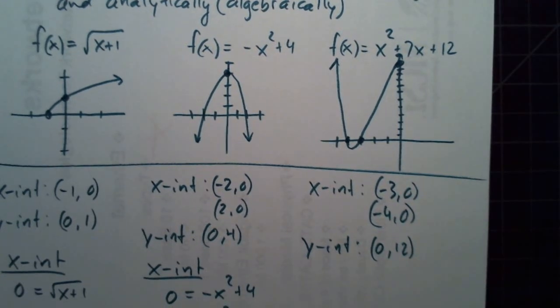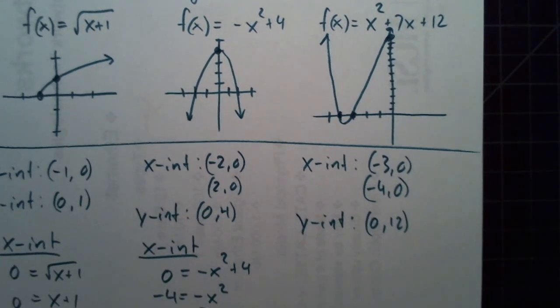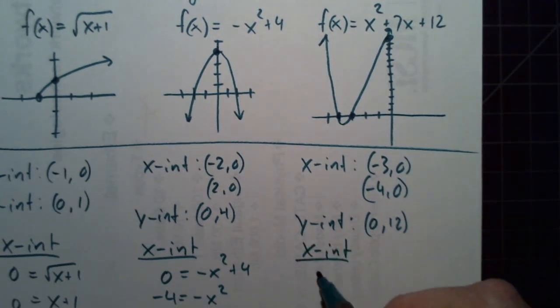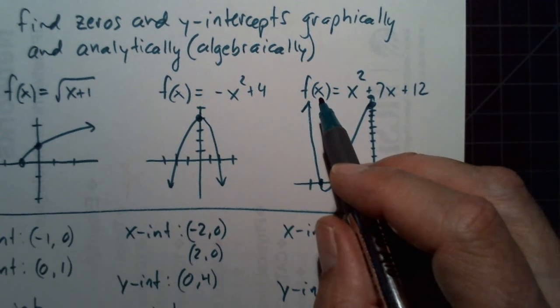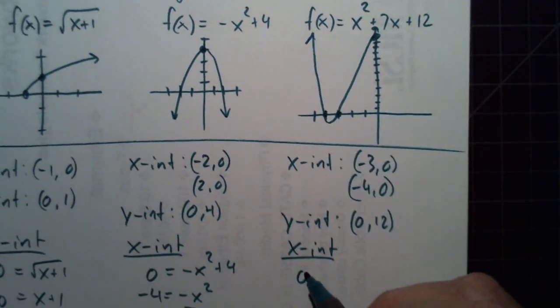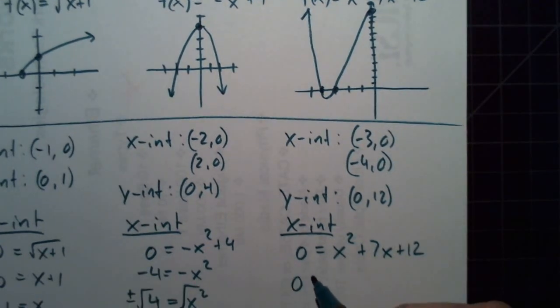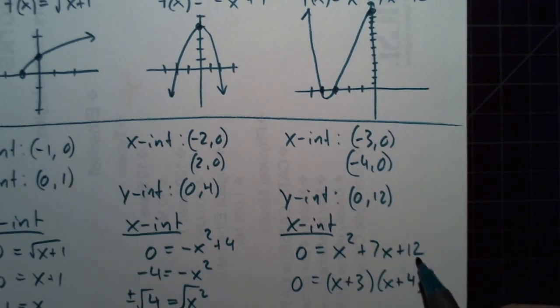Then we can show that algebraically. The x-intercept is when the y equals 0, so we'll put a 0 there. And we'll factor. That's 3 times 4, and then 3 plus 4 is 7.